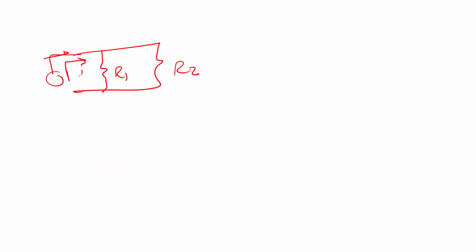If you have R1 and R2, and then you have total current I, this is the case where you can apply current division. Same thing for voltage division: if you have R1 and R2 in series, and you already know the voltage across all of them, you can apply it here.